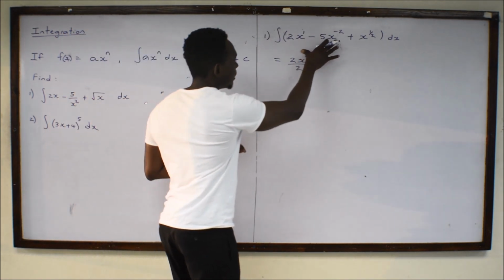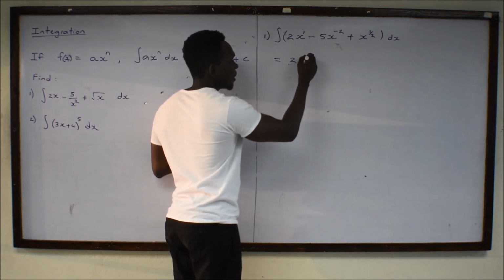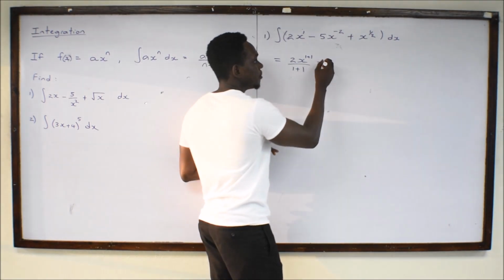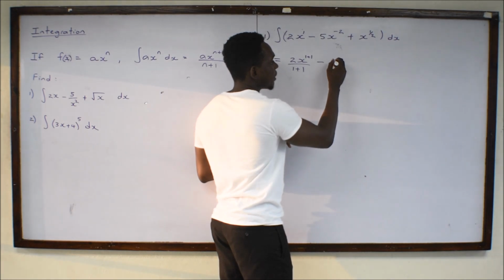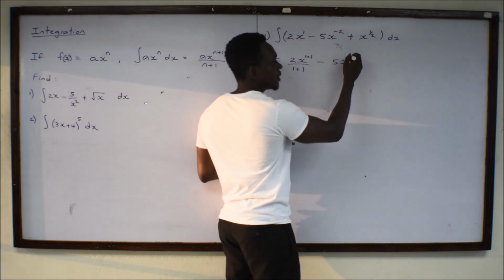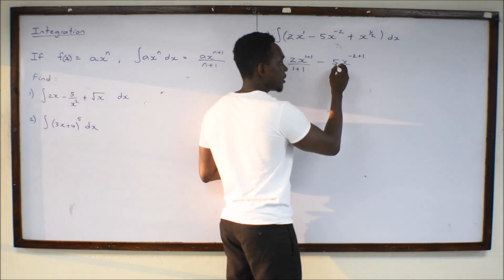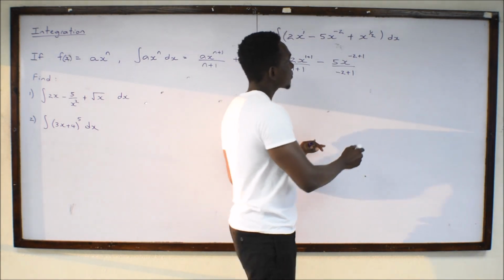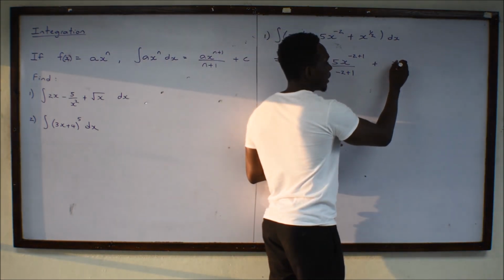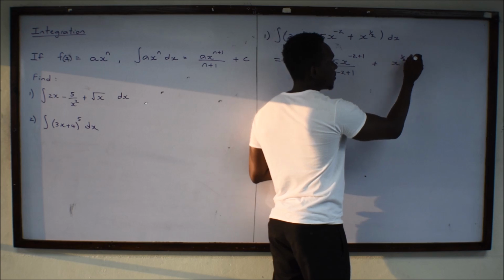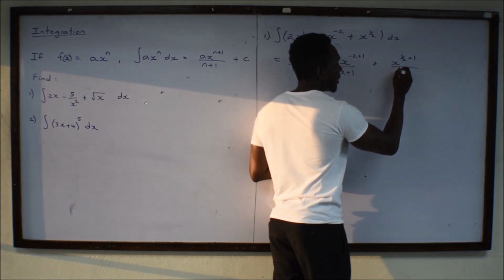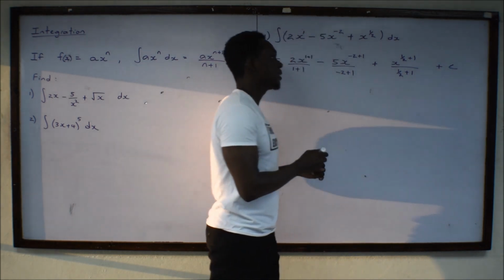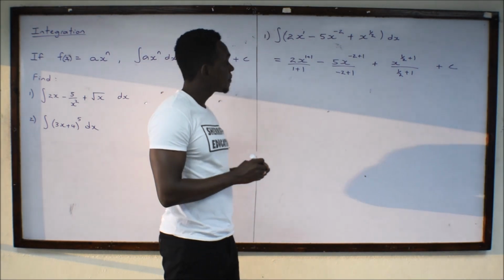So we have 1 plus 1 divided by 1 plus 1, minus 5x to the negative 2 plus 1 divided by negative 2 plus 1, plus x to the half plus 1 divided by a half plus 1, and put our plus c, or constant of integration.